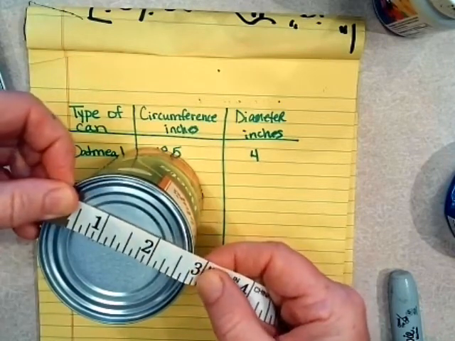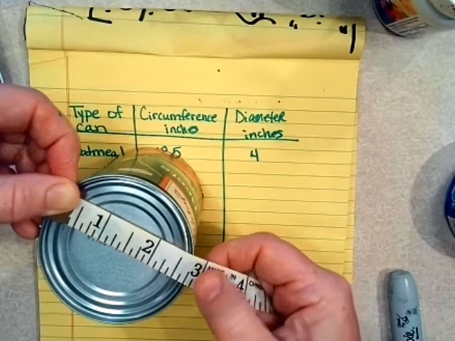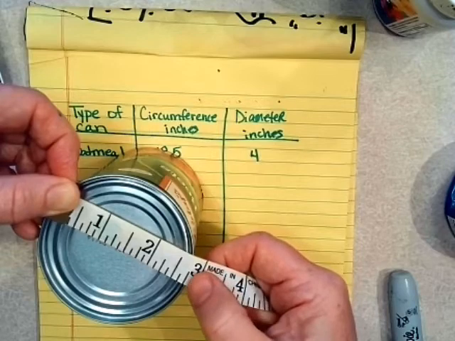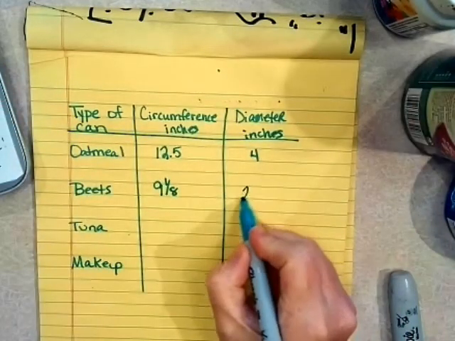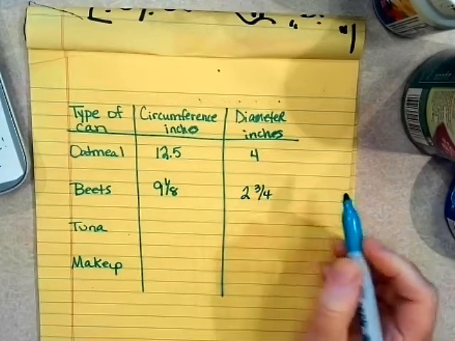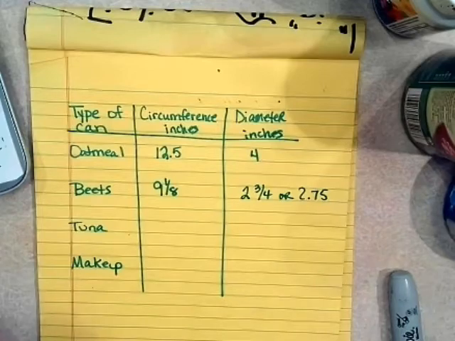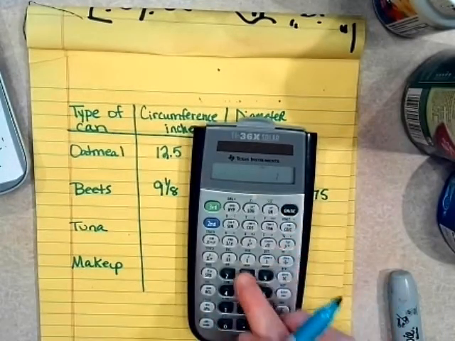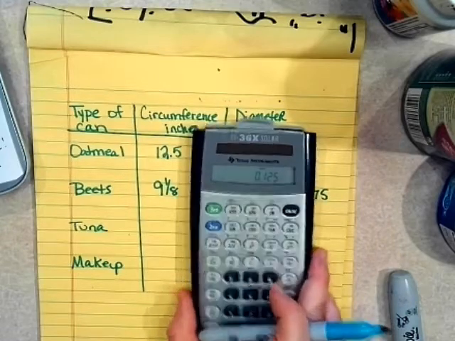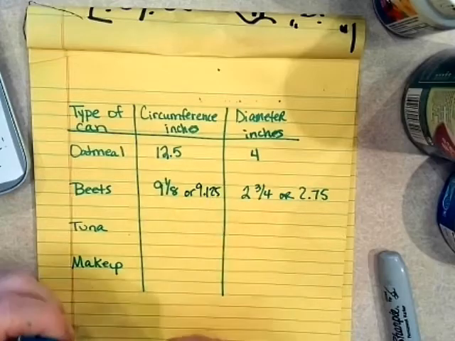It looks to me like it is 2 3/4, or 2.75. Now what about 1/8? Let's see, what's 1/8 look like as a decimal? It looks like 0.125. So I'm going to call that 9.125.